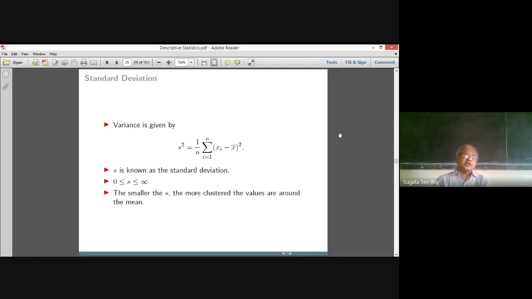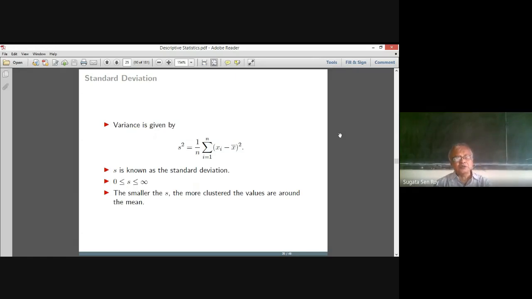So for the first student, the mean is 50, his score is 100, so 100 minus 50, square that, and 0 minus 50, square that, okay? Sum this, and then you divide it by 2, okay, because there are two values. So 50 square plus 50 square divided by 2, and that is going to be 50 square. So 50 square is 2,500. It's a huge value. The variance is going to be 2,500.